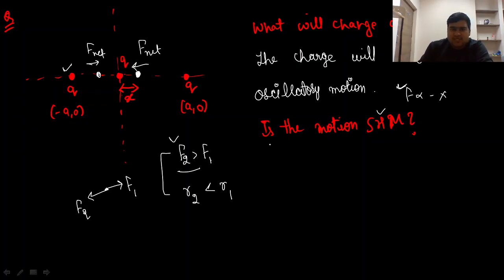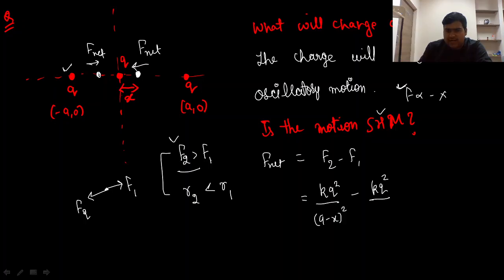How will we calculate it? I'm going to write F net, which we know is F2 minus F1. So F2 minus F1 is written as kq² over (a minus x) whole squared, minus kq² over (a plus x) whole squared. Now I can say it is kq² times [(a² plus x² plus 2ax) minus (a² plus x² minus 2ax)] which gives 4ax over (a² minus x²) whole squared, times kq².